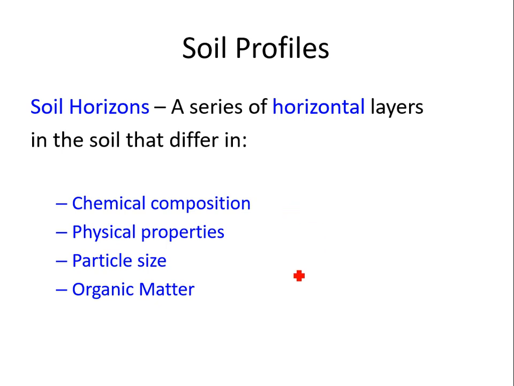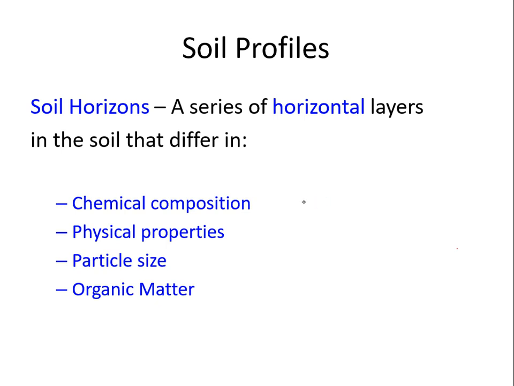Now, these differences in these characteristics become highly noticeable as you dig deeper and deeper into the soil and create what we call a soil profile. What you'll notice is that as we dig deeper, you start seeing dramatic changes in color.